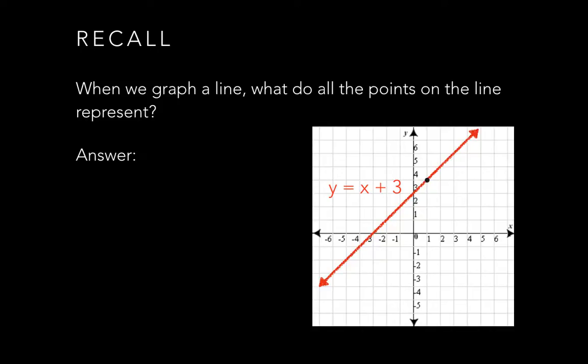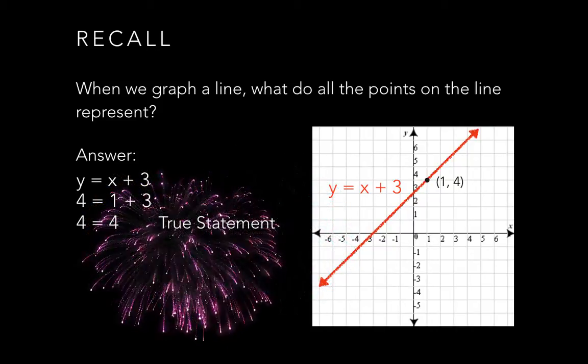I'm choosing the point 1, 4. And we're going to determine what that point means in relation to our equation. When you substitute in those values, that x is 1 and y is 4, into your equation, it makes a true statement.